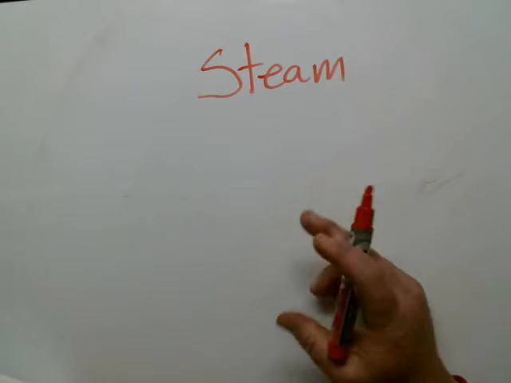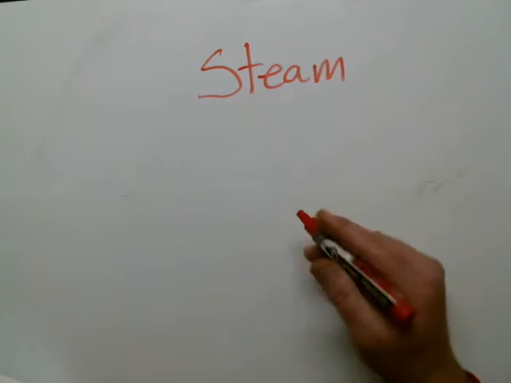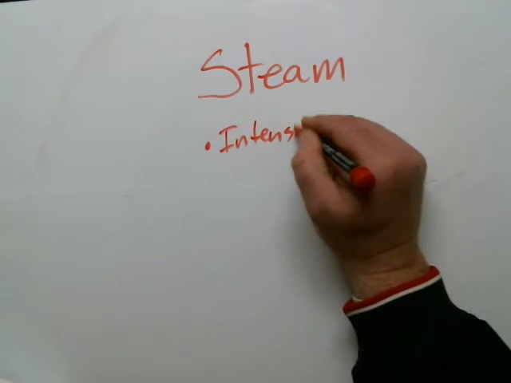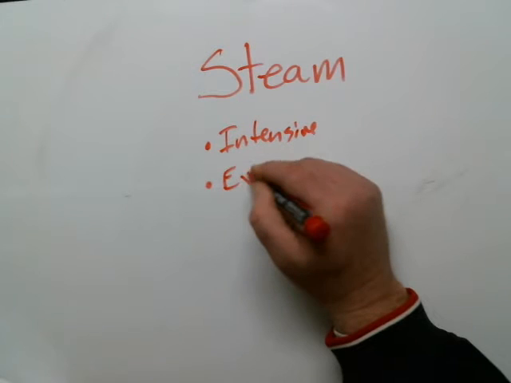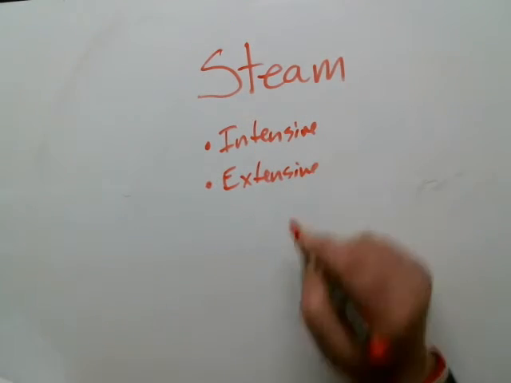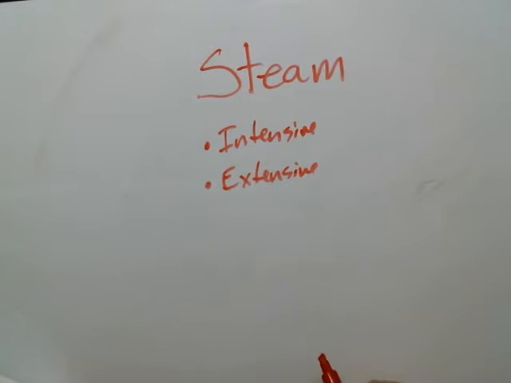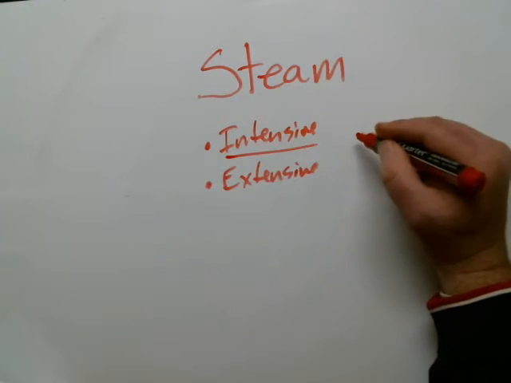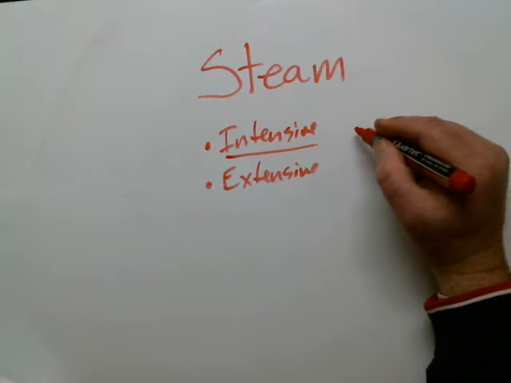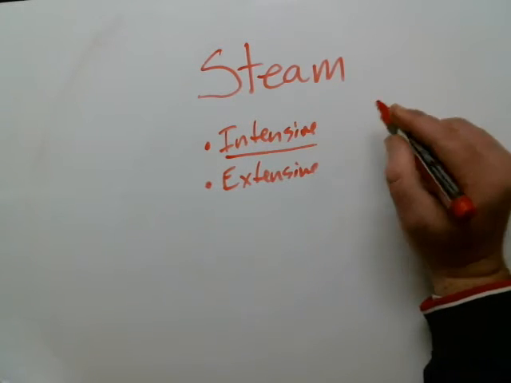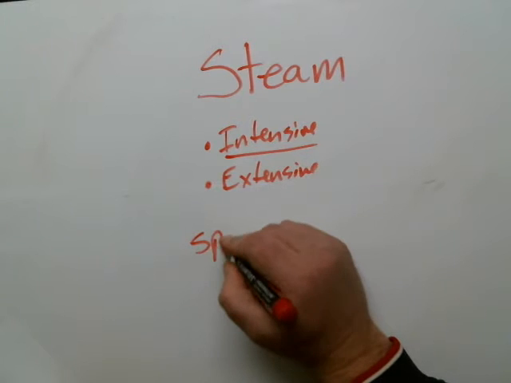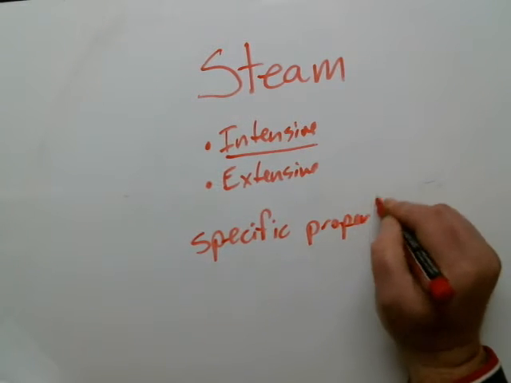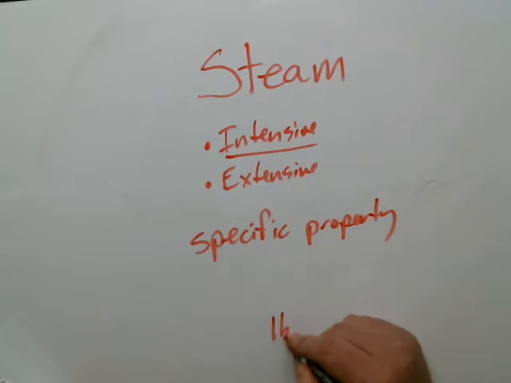As discussed earlier, we could have intensive or extensive properties, just a review of those. If a property is independent of mass, we said it's intensive. And the other one was specific properties. A specific property is a property that is specific to 1 pound mass.